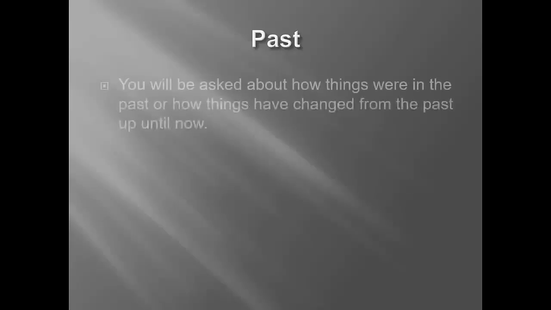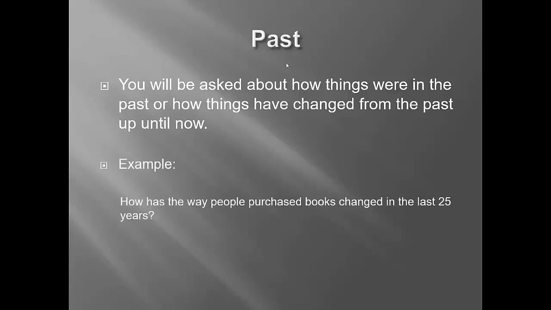And finally, you'll be asked about how things were in the past or how things have changed from the past up until now. That's a useful distinction for you, because that will change the tense that you use. How has the way people purchase books changed in the last 25 years?